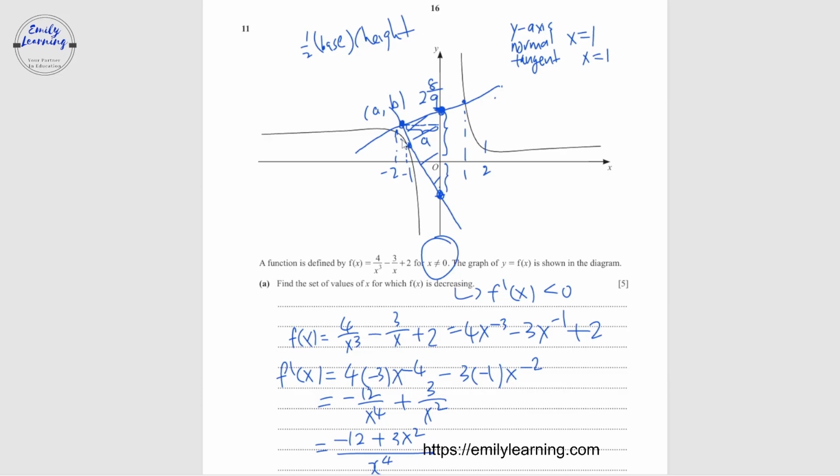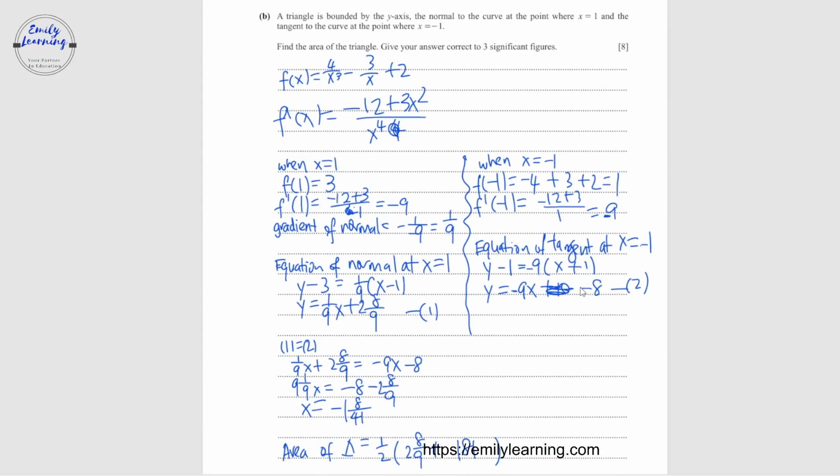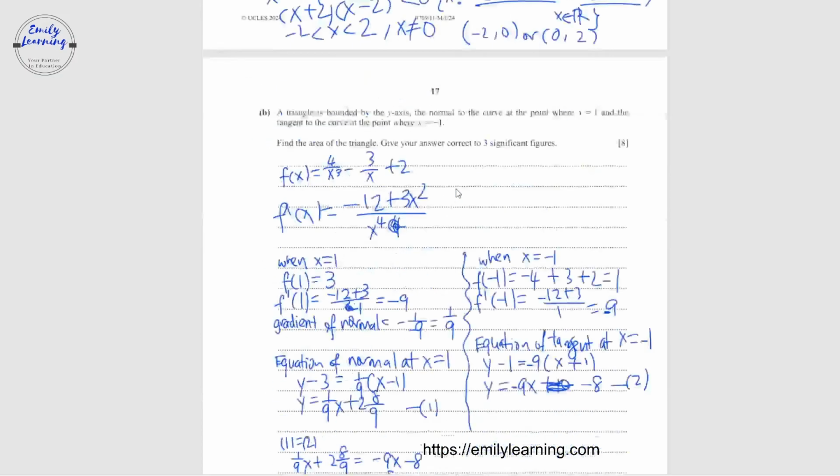And then the y-intercept of this tangent is negative 8, because based on this equation, y equals mx plus c, c is the y-intercept, so it's minus 8. So the base of this triangle here is 8 units, and here is 2 and 8 over 9 units. So the total is 8 plus 2 and 8 over 9.